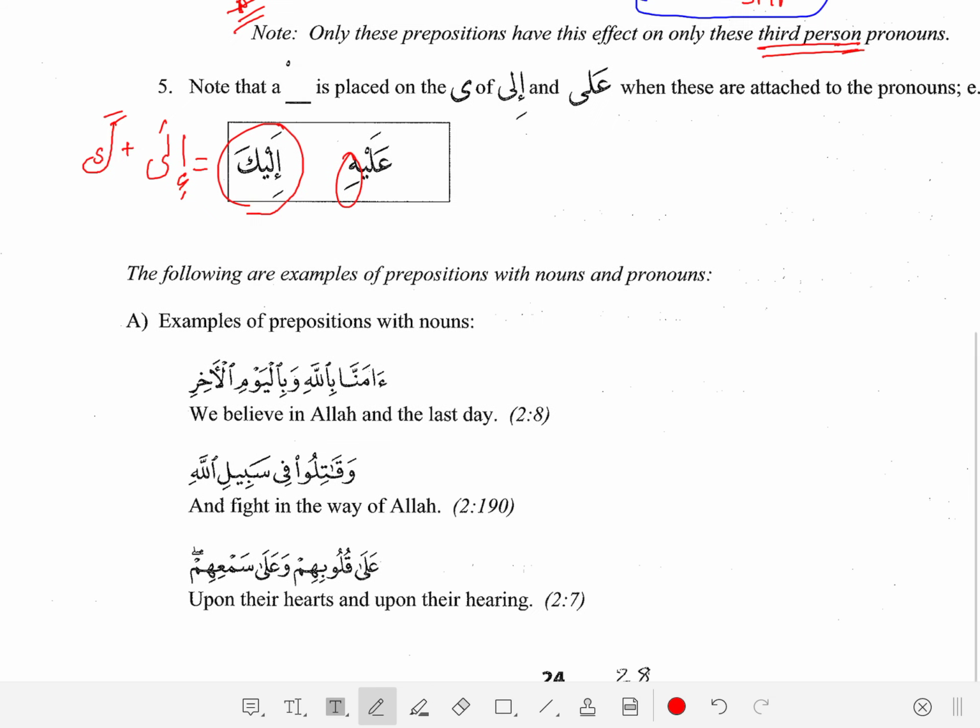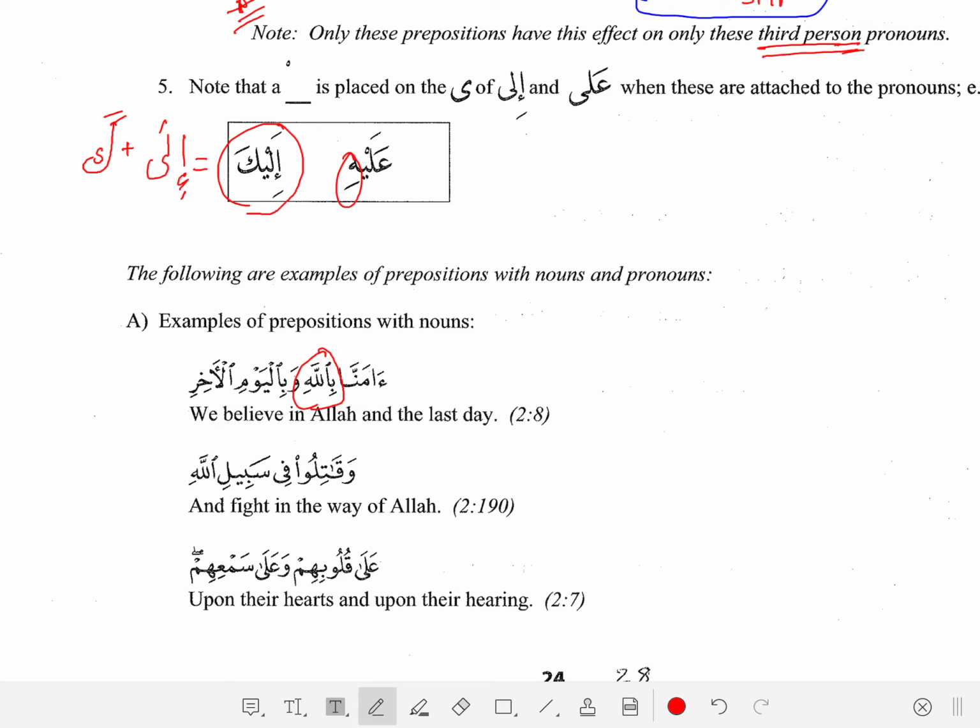So these are the examples of these prepositions coming with nouns or pronouns. So if you're talking about nouns, let's do some examples. So this is amanna billahi wa bil yawmil akhiri, right? So amanna billahi, right? So bi plus Allahu became billahi.